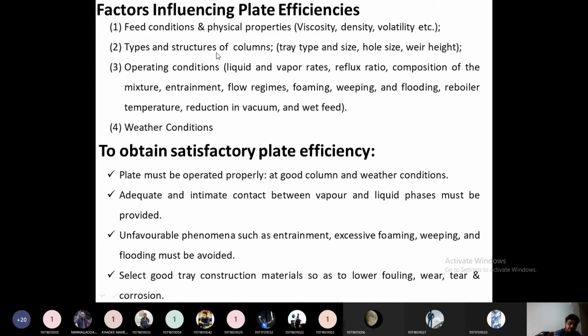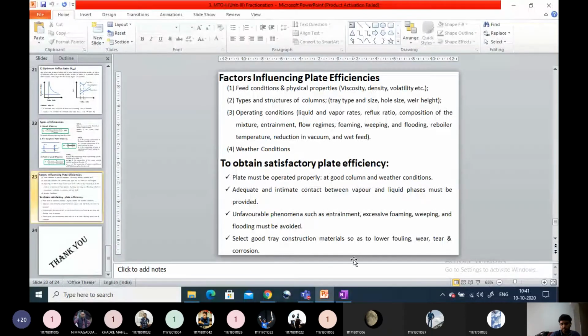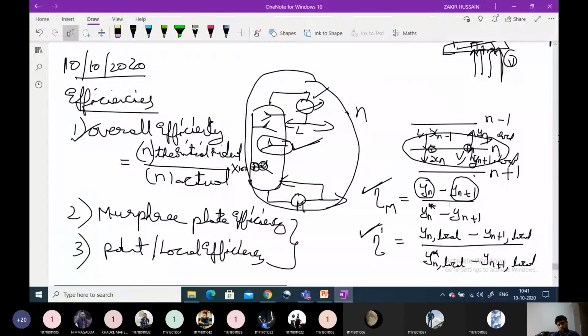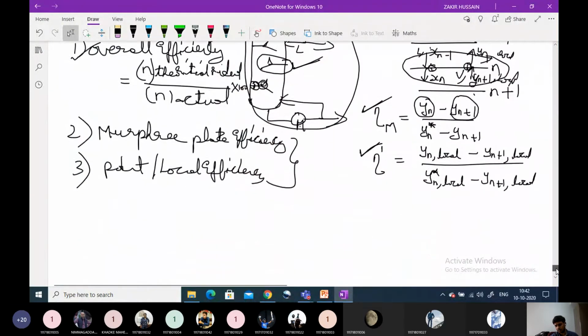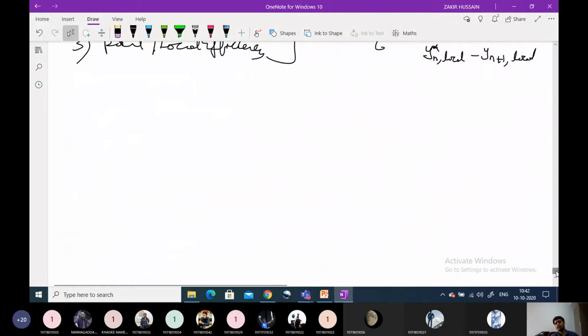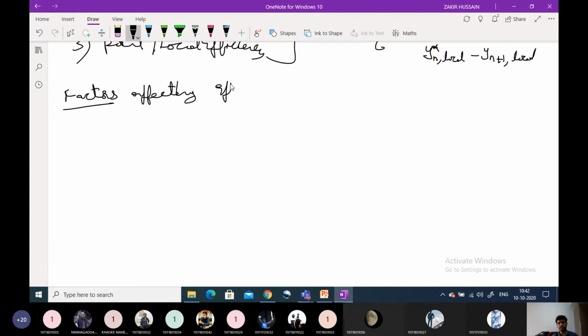Now we will see how the feed conditions will influence our plate efficiency or number of plates. If the number of plates is increasing for the desired degree of separation, meaning for each plate there is each efficiency, the Murphy plate efficiency. So the next one is factors affecting efficiency.